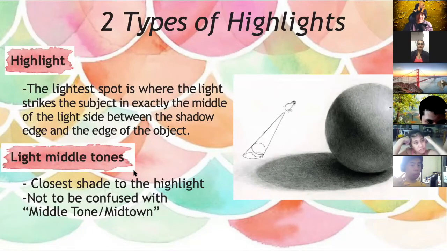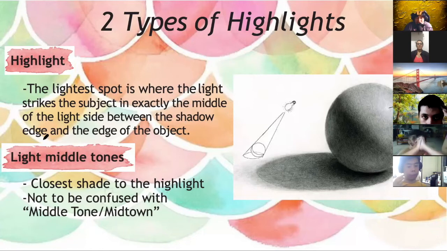If the shadow has two types, highlights also have two types. The first type of highlight is just highlight. Highlight is the lightest spot wherein the light strikes the subject in exactly the middle of the light side, between the shadow edge and the edge of the object.